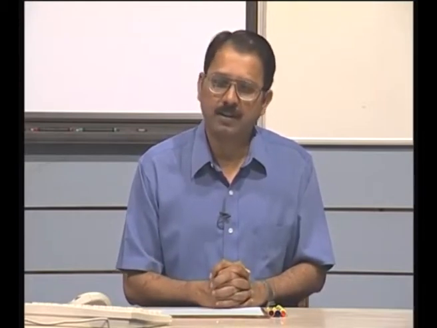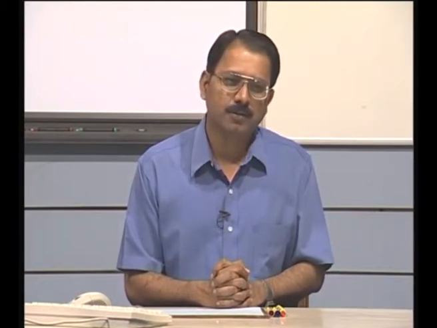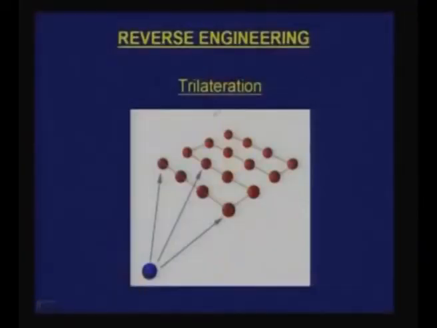So this basically shows that you can do some intelligent scanning, but one important aspect in many of the scanning by non-contact methods is that you may sometimes have to use different algorithms to get the surface model. In fact, one of the common aspects is called trilateration. In trilateration, suppose here is a source which is scanning the object. These are the point data which have been collected.